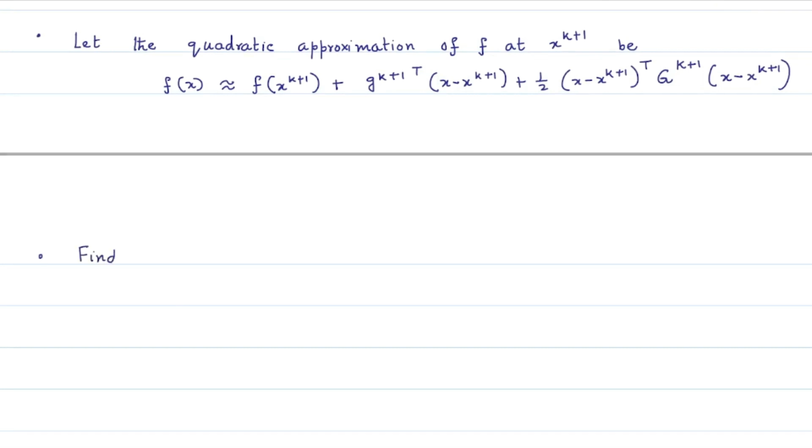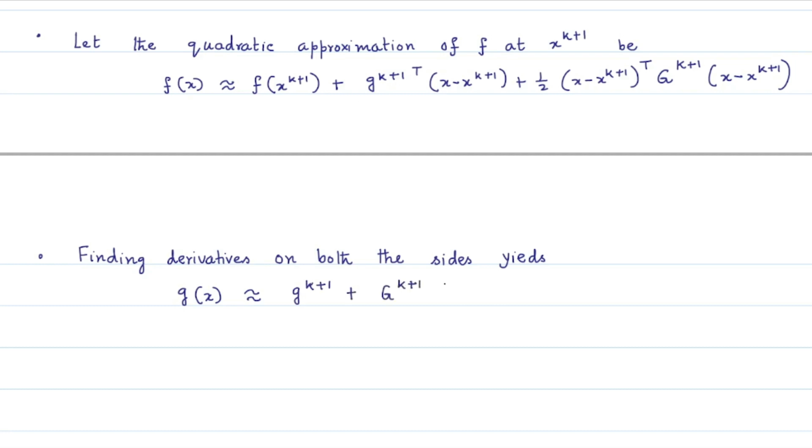Finding the derivative, we get that the gradient of the function f at x is approximately equal to, on the right hand side, the vector gk+1 plus capital Gk+1 times (x minus xk+1).